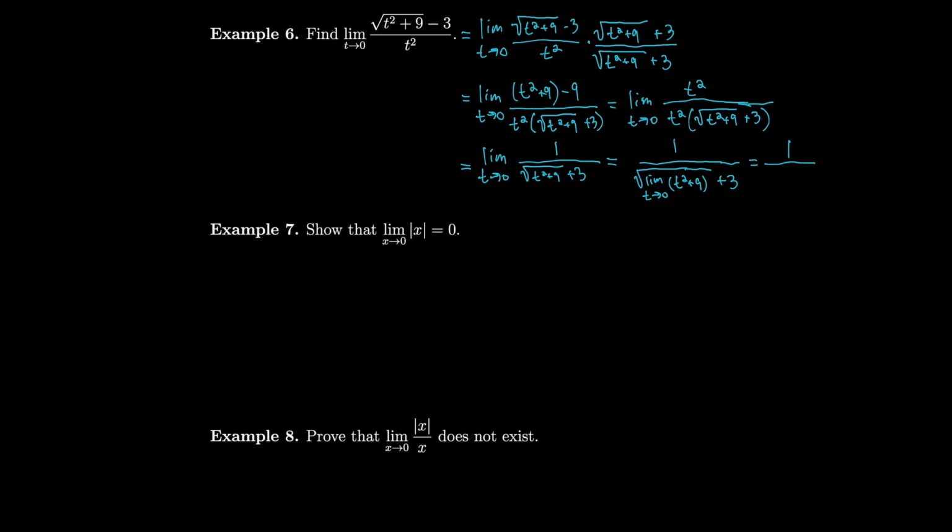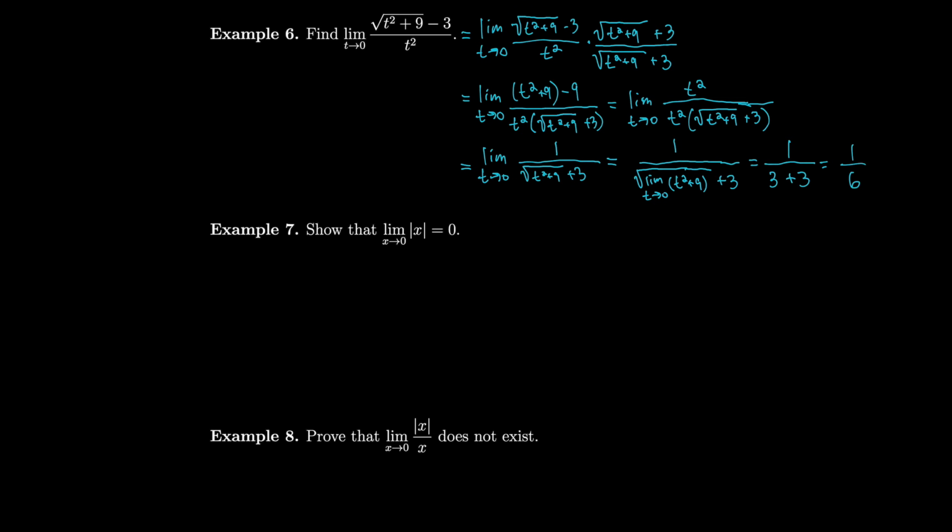So that becomes 3 because we plug in 0. 0 squared plus 9 is just 9. Square root of 9 is just 3. Plus 3. So this is 1/6.